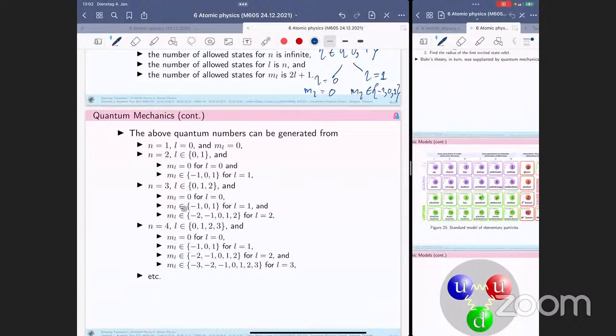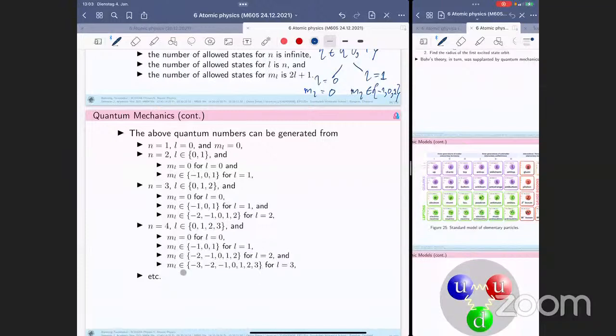The first 2 cases could be copied from the former N equal to 3. But once you have L equal to 3, the possible set of ML will be minus 3, minus 2, spanning until 3.